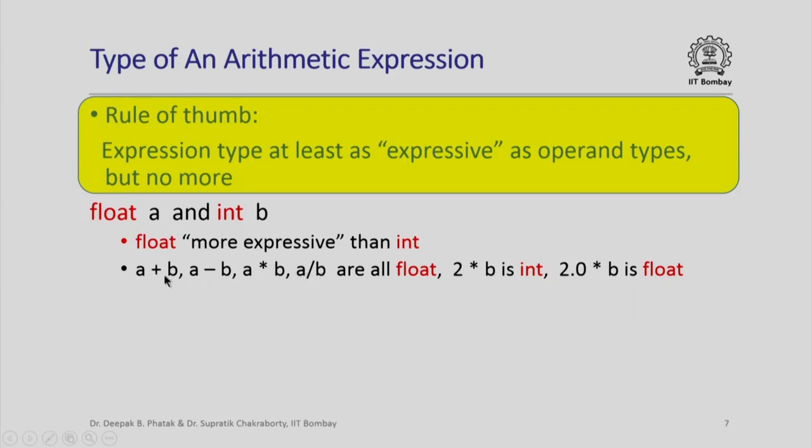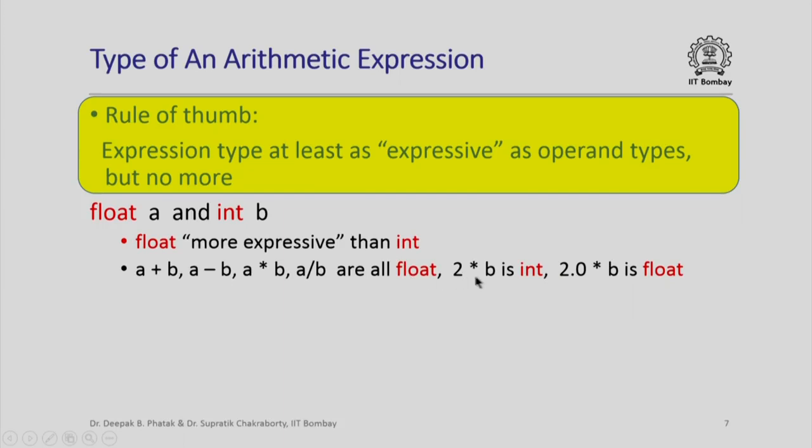So the type of the expression must be at least as expressive as the types of operands. So in this case it must be at least as expressive as float, and it need not be any more expressive than what is required by this rule. So in this case the type of the expressions is all going to be float.